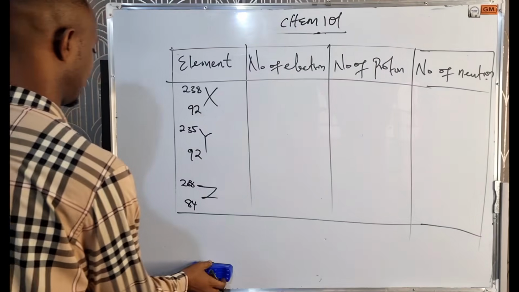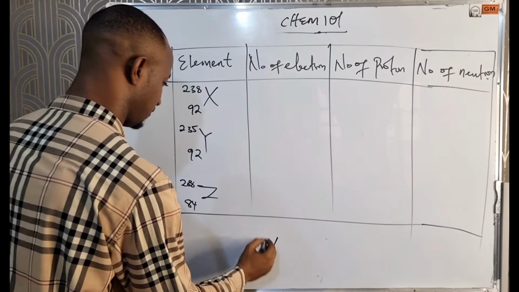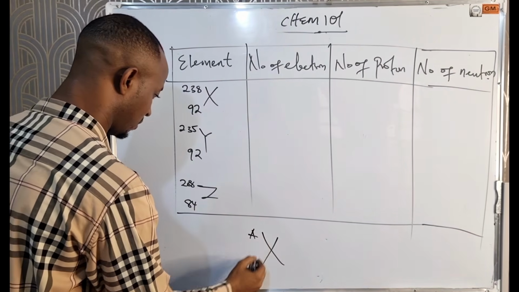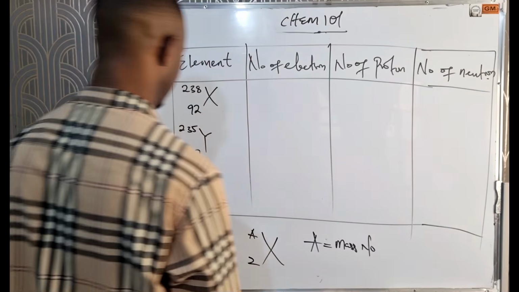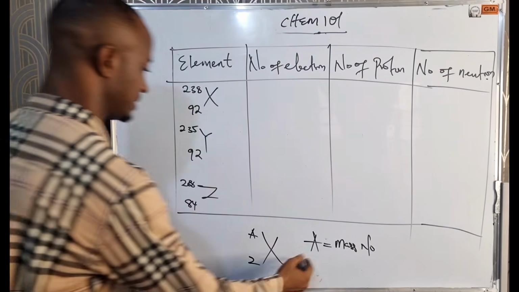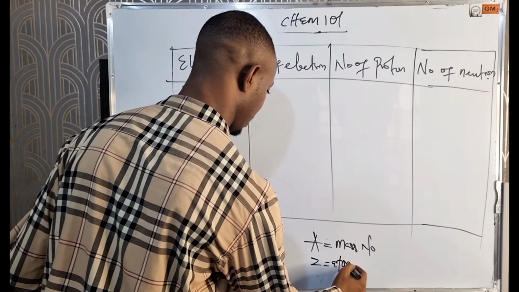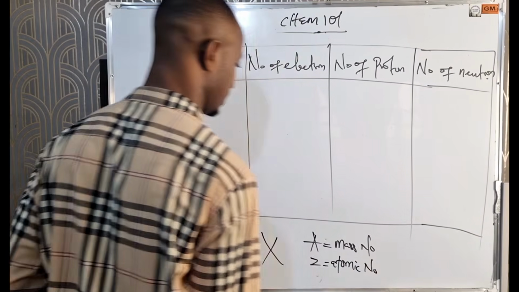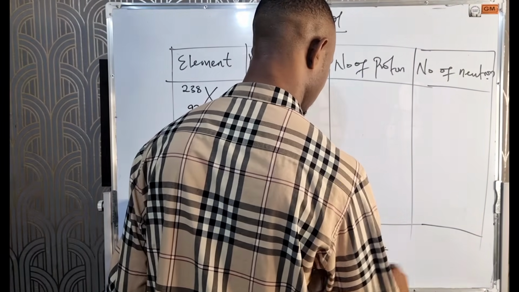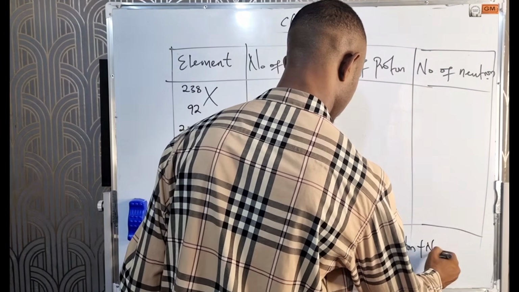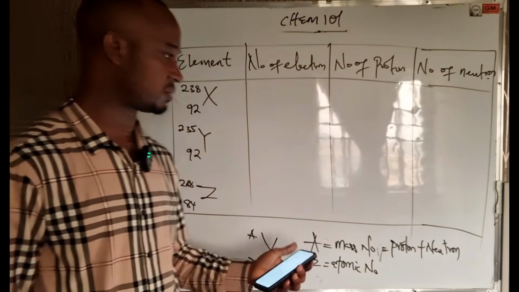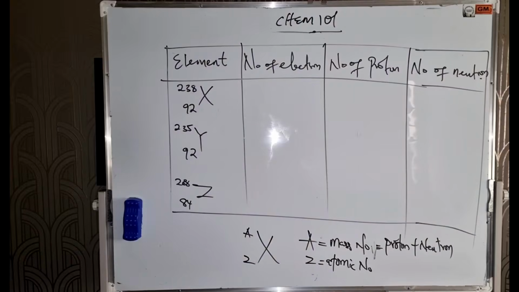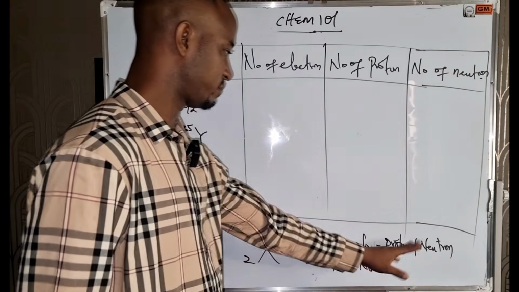Every element is always symbolized in this form: here we have A and Z, where A represents the mass number and Z represents the atomic number. Mass number, don't forget, is the sum of protons plus neutrons.